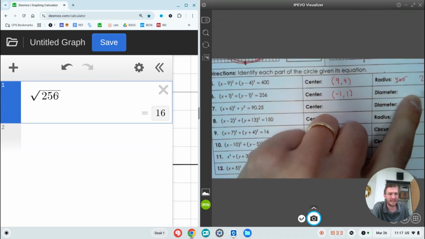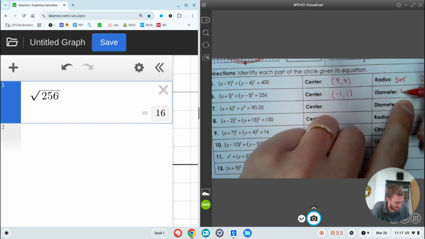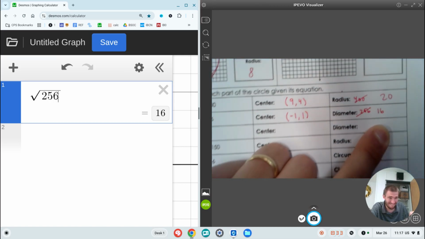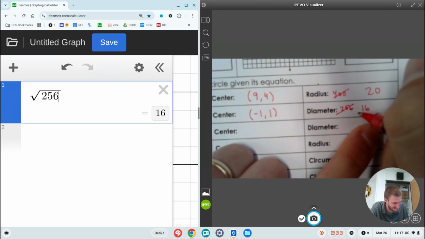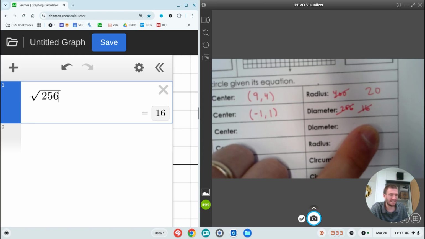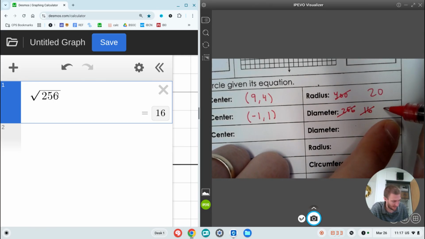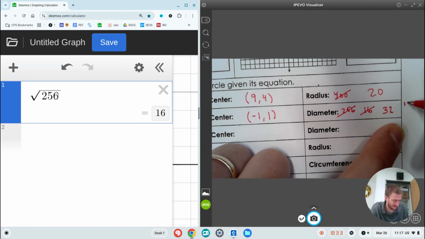Now it says the diameter. It's not 256, but it's not 16. The diameter is 2 radiuses. And so the answer is 32. That's 16 plus 16 because it's radius plus radius.